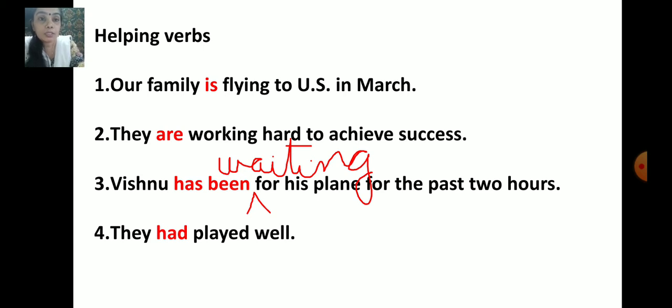These helping words help the main verb. So is flying, are working, has been waiting. Flying, working, waiting, played are the main verbs, and is, are, has been, had are the helping verbs.